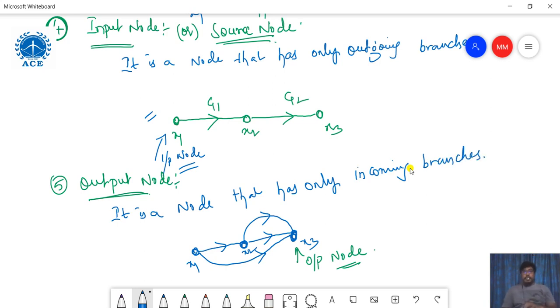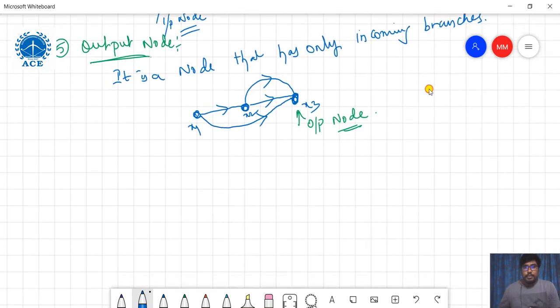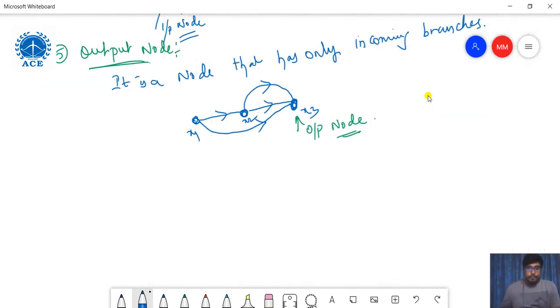It has only incoming branches. Therefore this is the output node. These are all the basic terms. Next one is the mixed node.